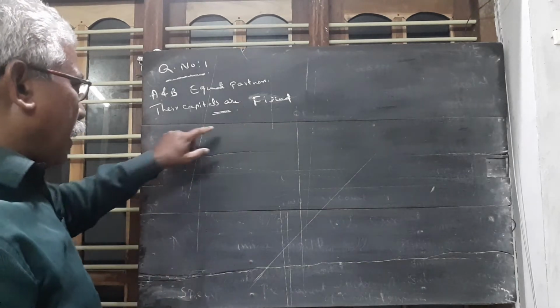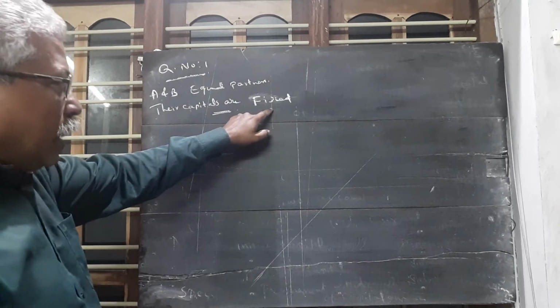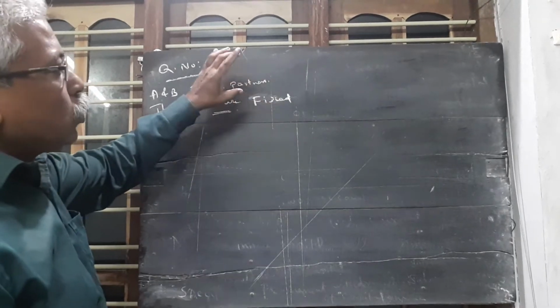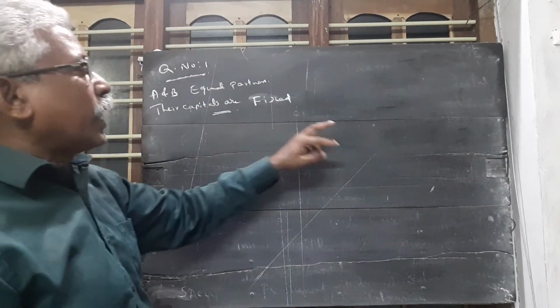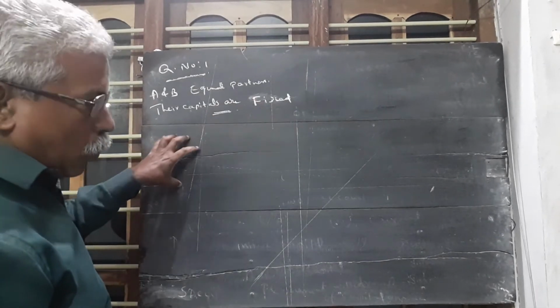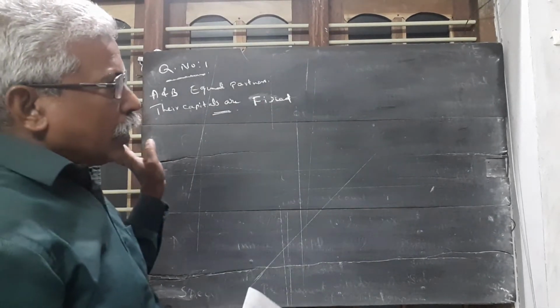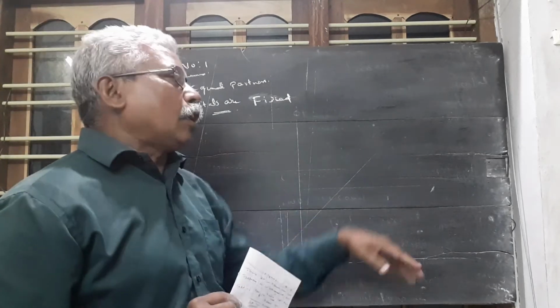Once again, I explain the fixed capital method. In the fixed capital method, the partners have to maintain two accounts: number 1, capital account; number 2, current account. Only the capital amount is recorded in the capital account. All the remaining expenditure as well as incomes are recorded in the current account.